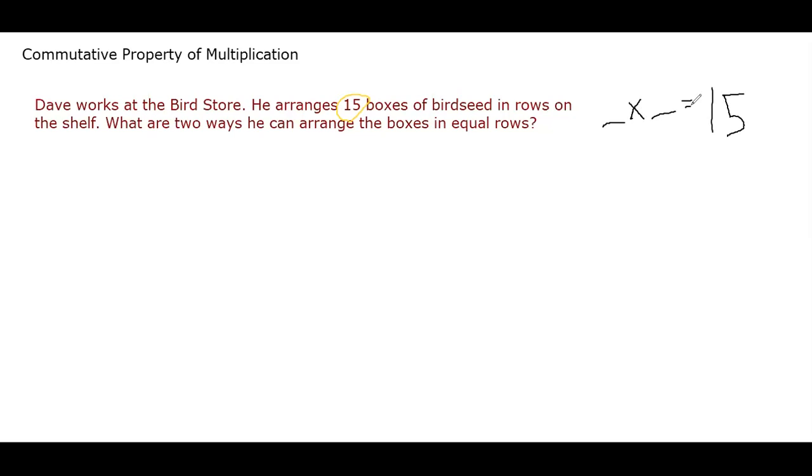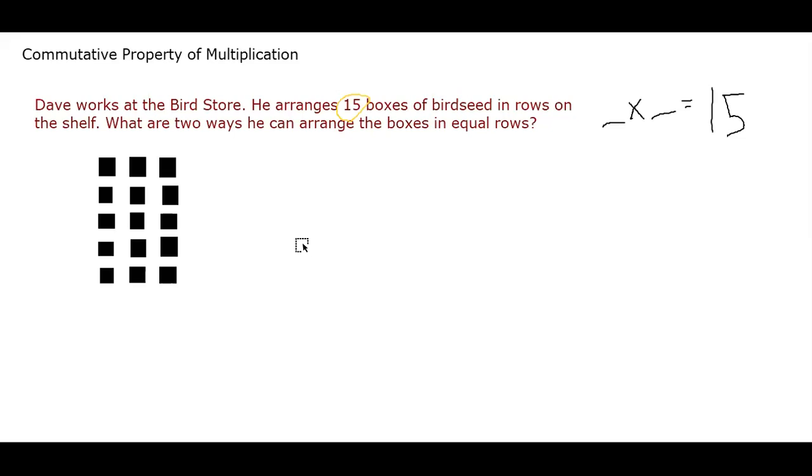It's got to equal 15 no matter what. So I'm going to look at my multiplication chart, and I might also think about what numbers I can multiply together to get 15. I know one way. Let me draw that for you.